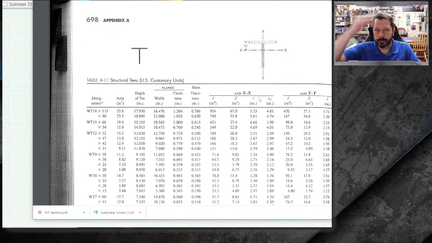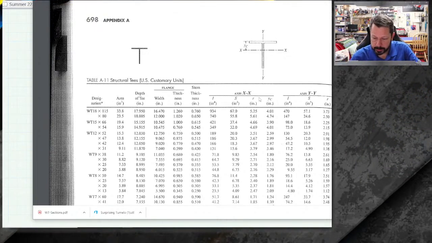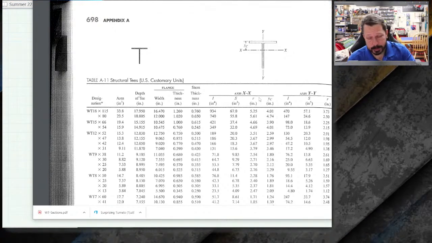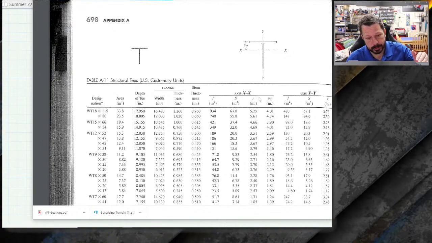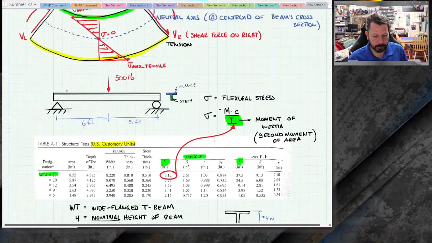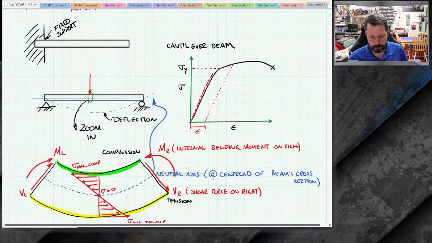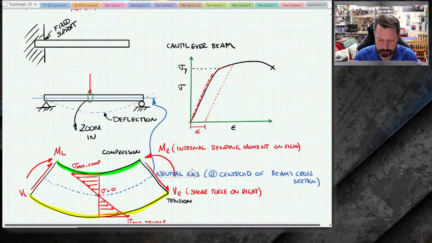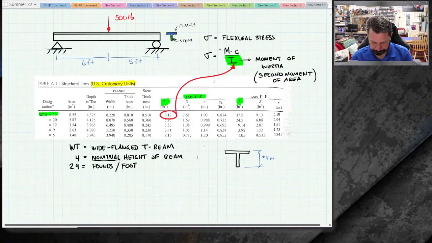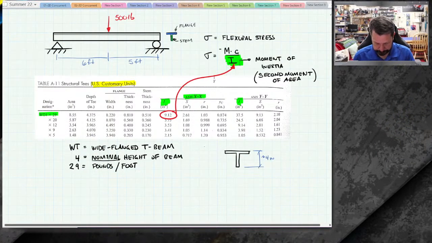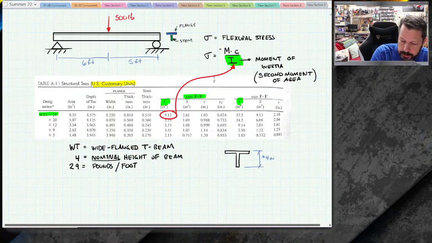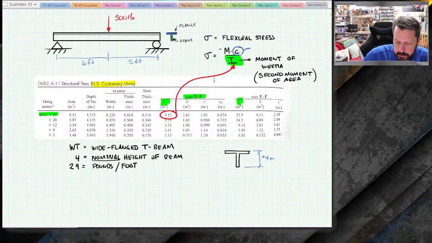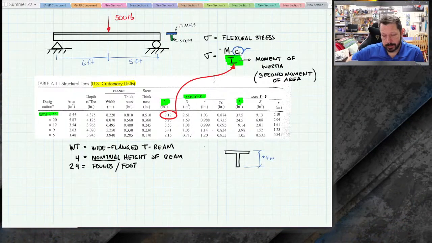This one is calculated from the top of the beam down, and that's fine. But Y sub C is that distance from the top of the beam down to the centroid, where, remember, the centroid is the neutral axis location for the beam, which is an important location for beams. So C in our equation here is the largest distance.